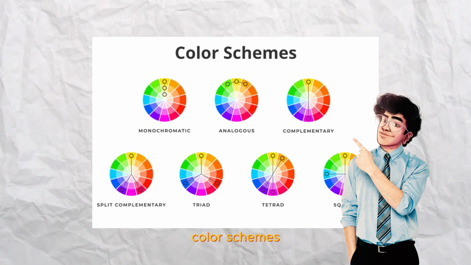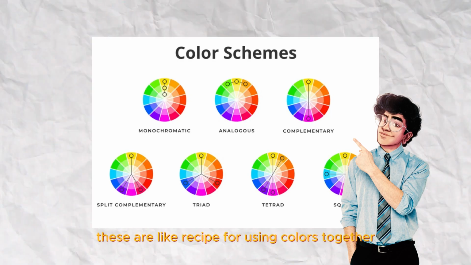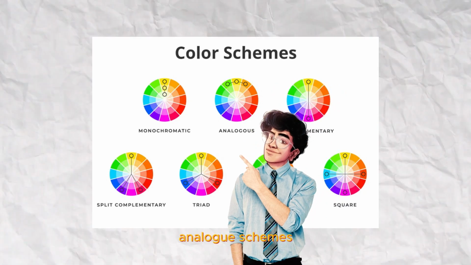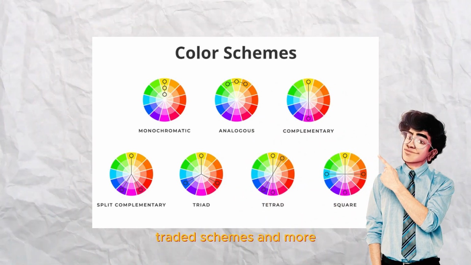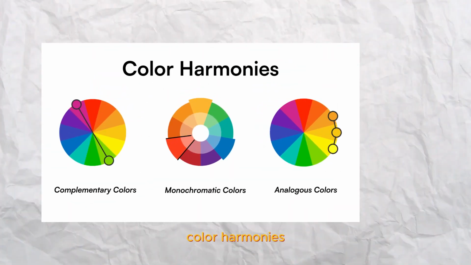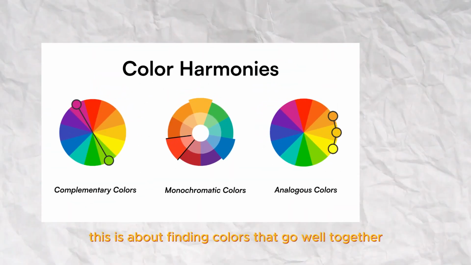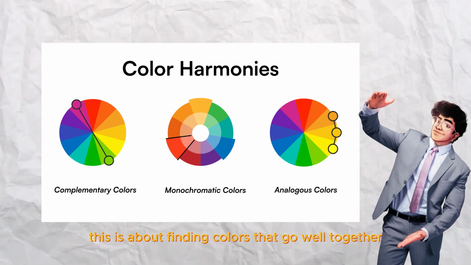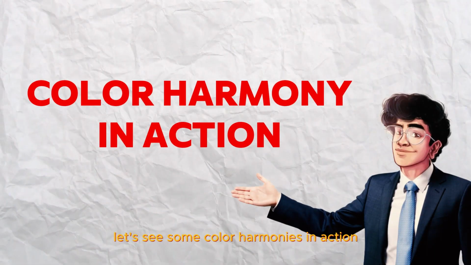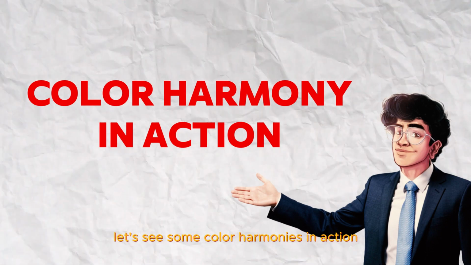Color schemes. These are like recipes for using colors together. There are complementary schemes, analogous schemes, triadic schemes, and more, each with its own special flavor. Color harmonies. This is about finding colors that go well together, like finding the perfect outfit for a party. Let's see some color harmonies in action.